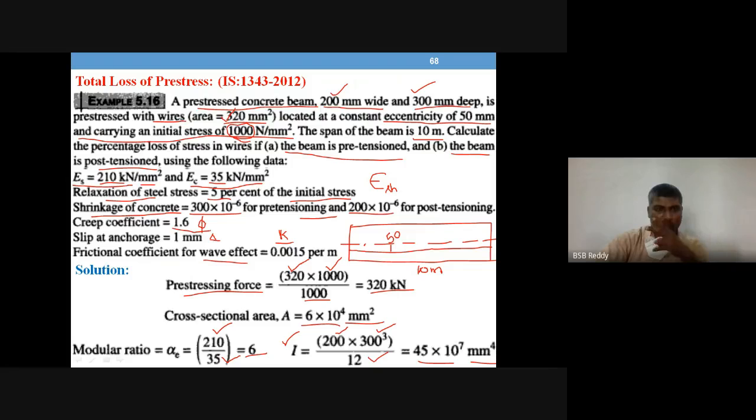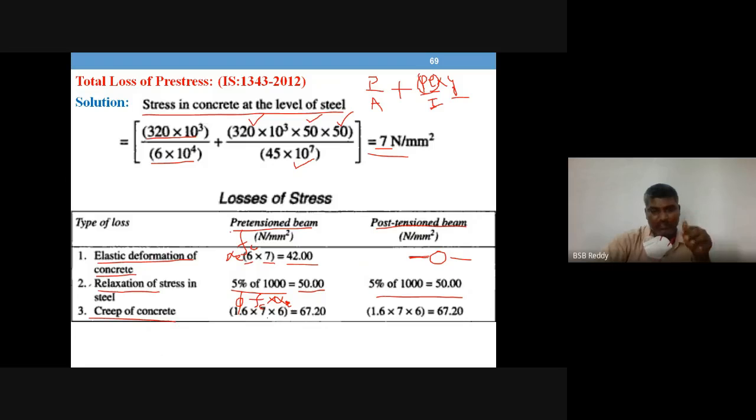Remember there are two methods when finding loss due to creep: one is the creep coefficient method, the other is the ultimate creep strain method. Depending on the given data, we use that method. So 67.2 Newton per mm square is the loss for both.